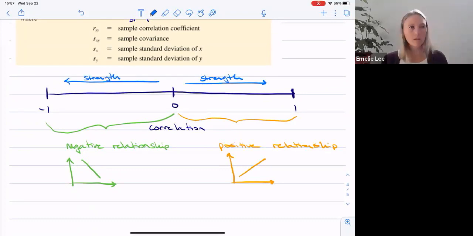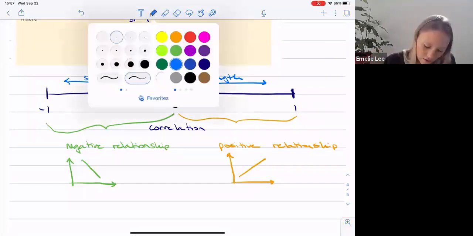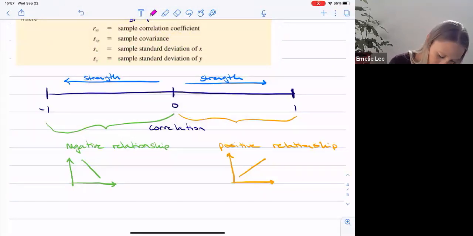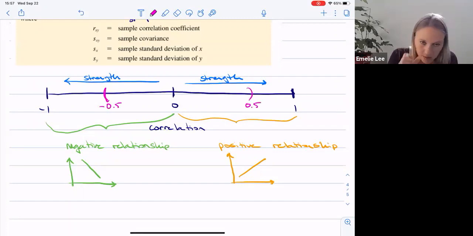Typically, and it depends on the data that you're looking at, but if you're not expecting a really strong relationship, what we consider is kind of roughly here at -0.5 and positive 0.5.